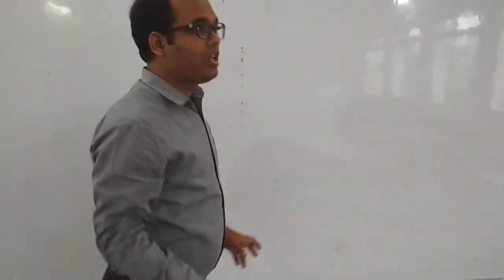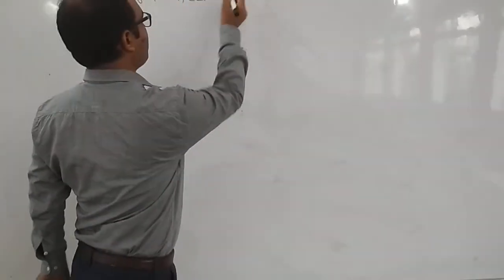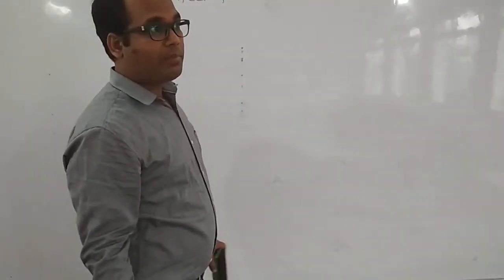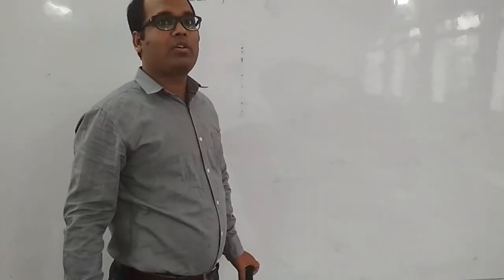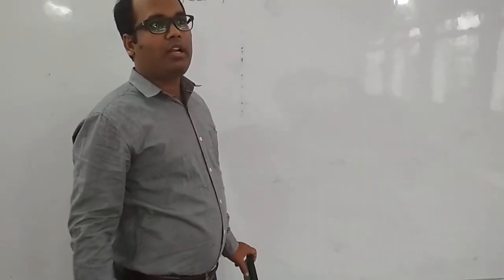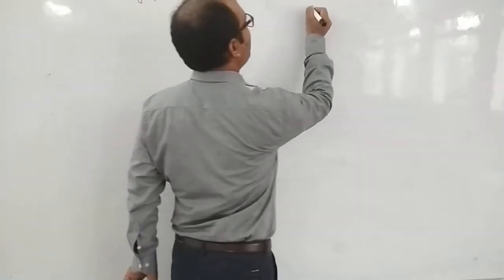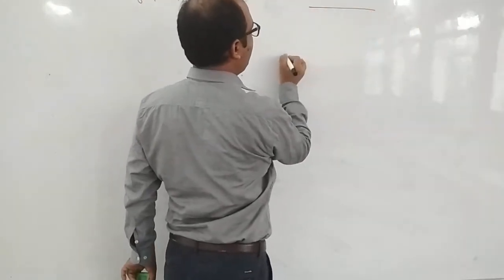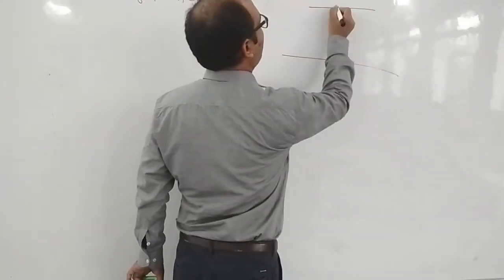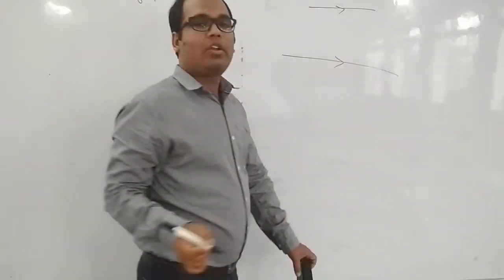Now the question arises, first, what is trapezium? A trapezium is a quadrilateral whose two sides are parallel, and two sides are non-parallel.